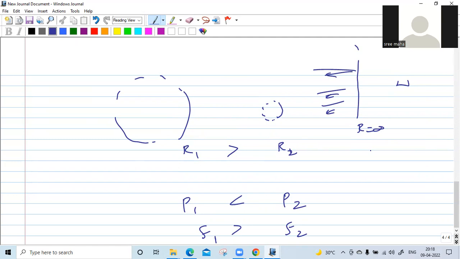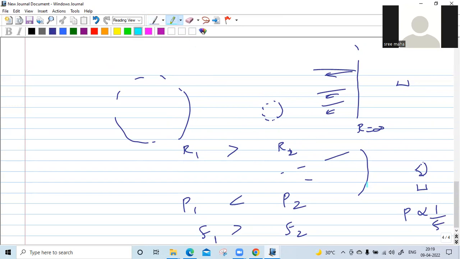Only when you make it curved, it will focus at a large distance. If I make it more curved, it will focus at a shorter distance. So the ability to focus at a shorter distance is the power of the mirror. So the power of the mirror should be inversely proportional to the focal length. Yes, sir. Got it?